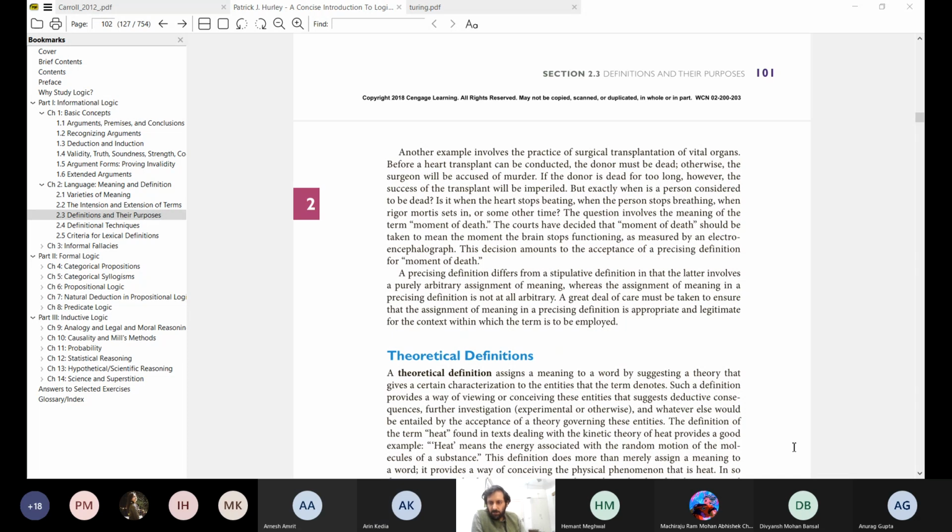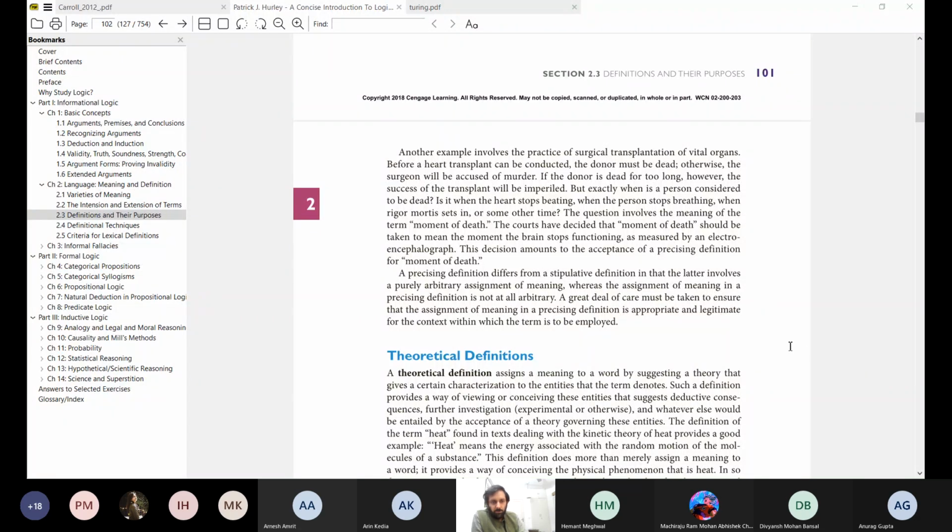Good. So that's a context where the second form, even though these are both perfectly adequate definitions, would be a better definition to use.